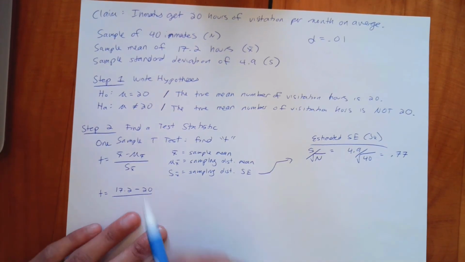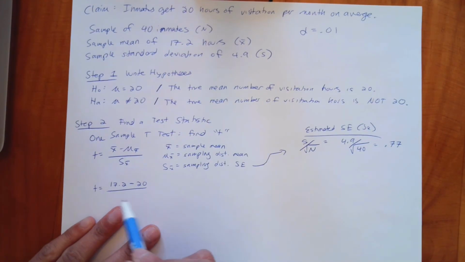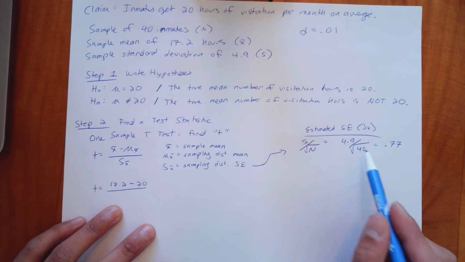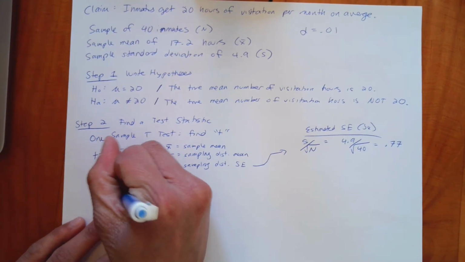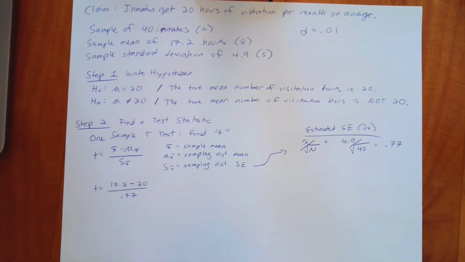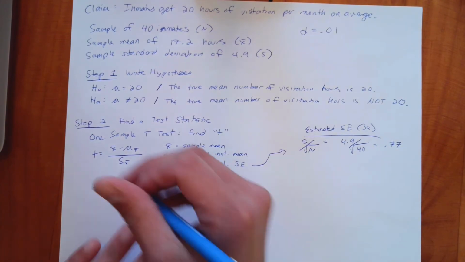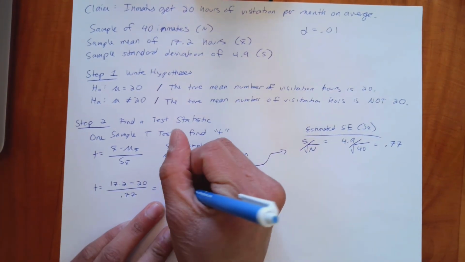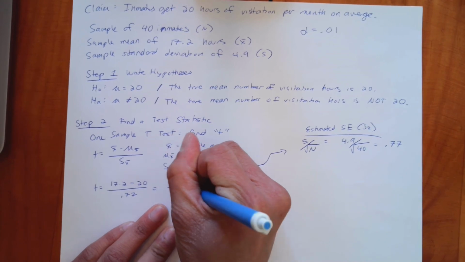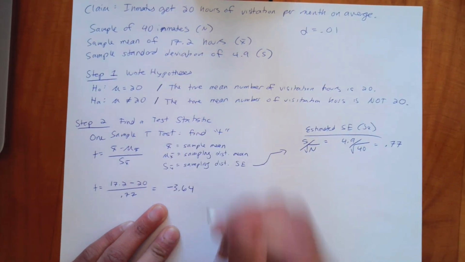And we're dividing by our standard error, which we just calculated. Plug all this in, and you should get a t-statistic of negative 3.64 when you round.